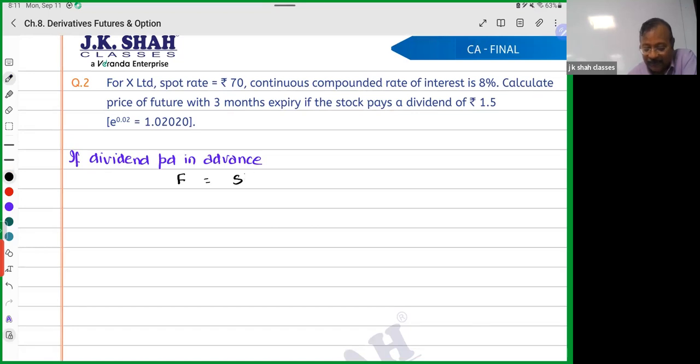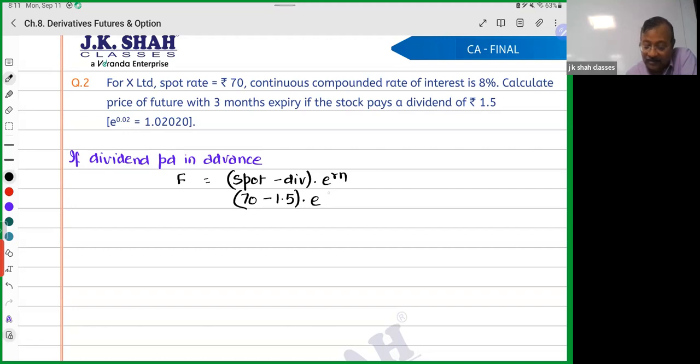Since the dividend is received already, spot minus dividend into e raised to the power r. Spot is 70 minus 1.5 into e raised to the power r.